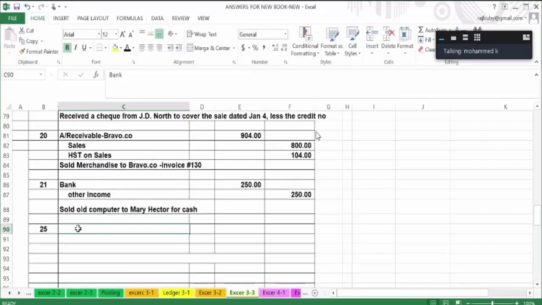We're going to credit accounts receivable. You are going to receive the amount minus the discount, so bank and sales discount go on the debit side, and accounts receivable on the credit side.